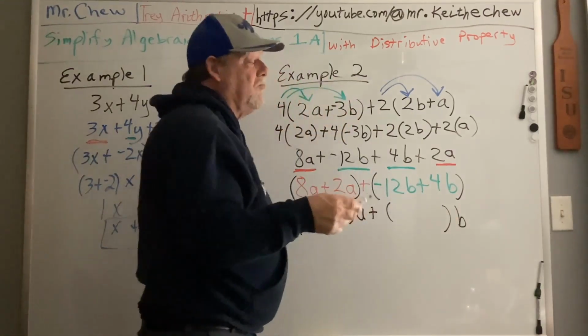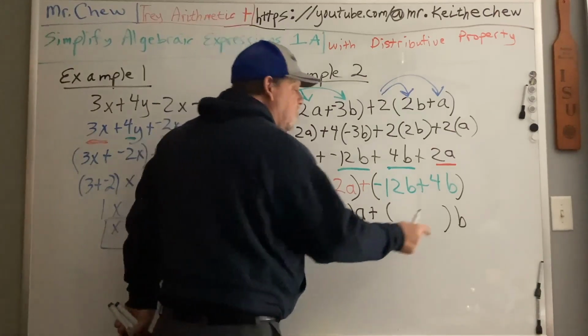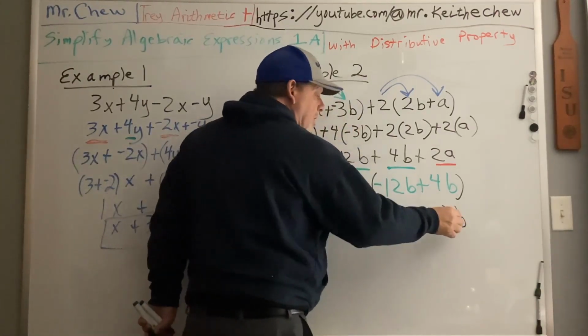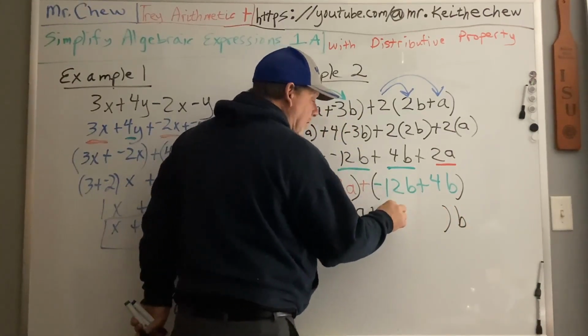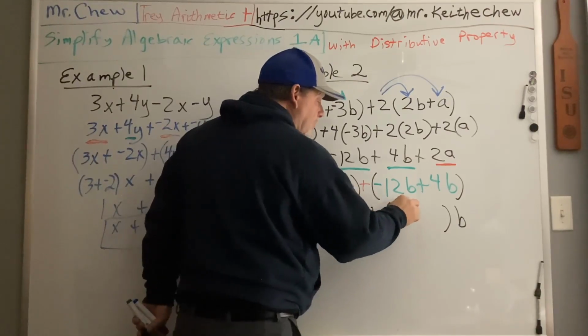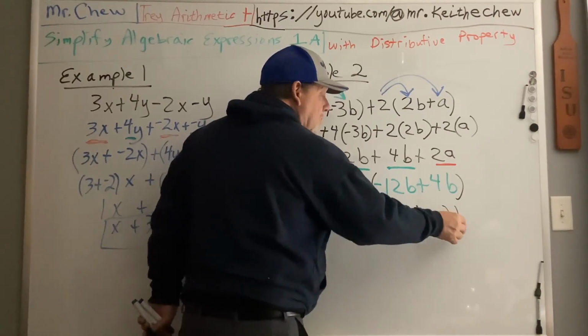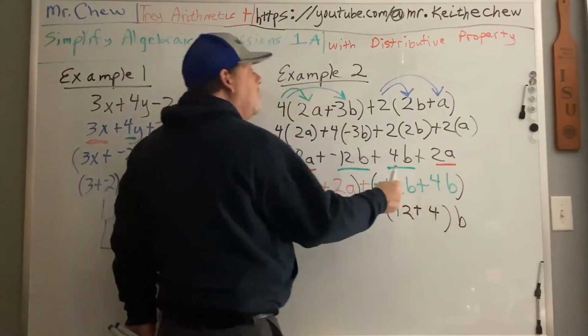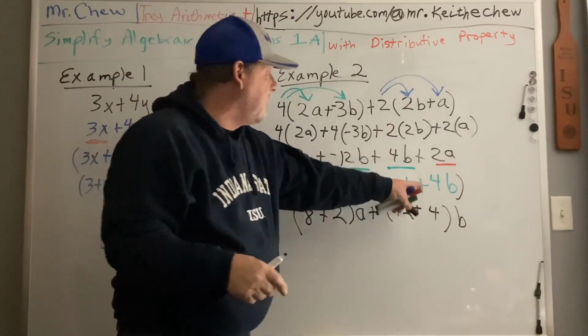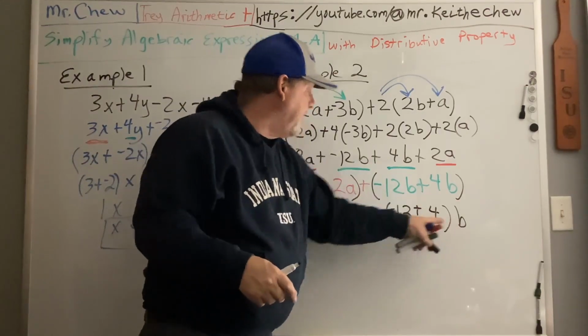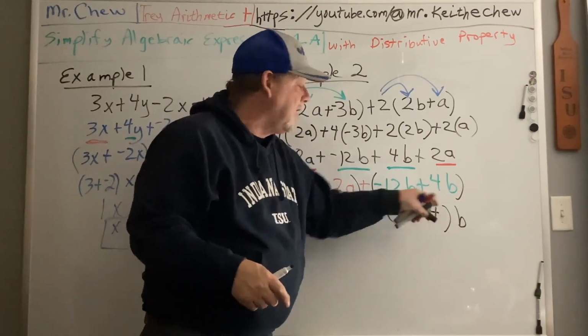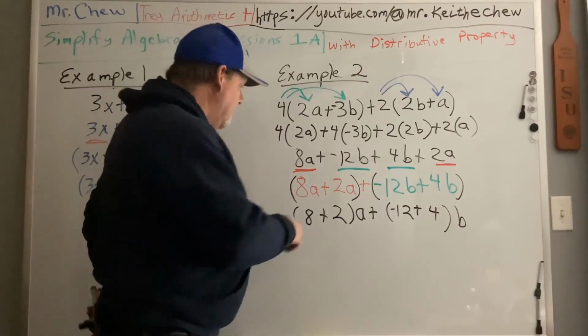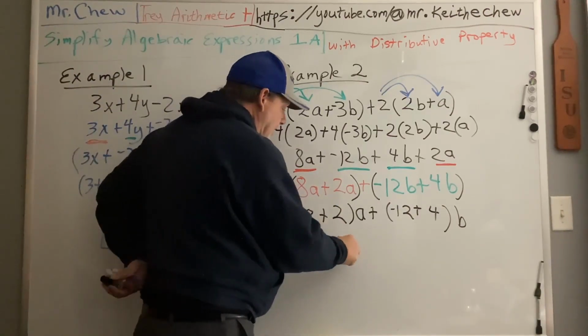They've got a greater common factor than that, but we just want to do the like term here. What do you multiply by b to get negative 12b? You multiply by negative 12. What do you multiply by b to get 4b? 4. If you were to reverse that using the distributive property, when I multiply the b times both of these, I end up getting what's inside. 8 plus 2 is 10a.